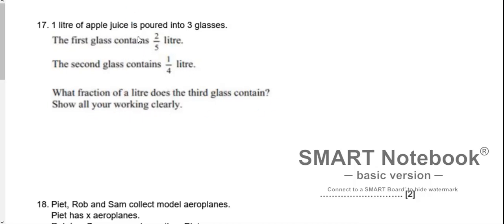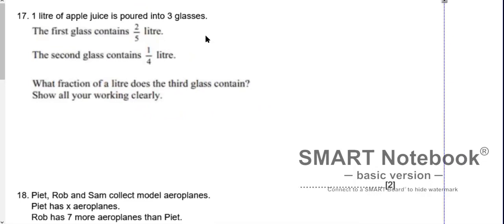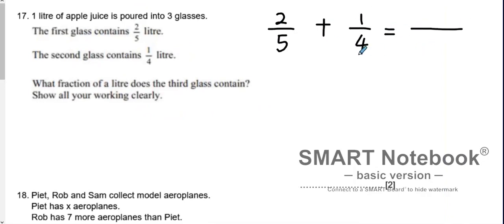Okay. So what I'm going to do is total the first glass and the second glass, adding those fractions. 2/5 plus 1/4. LCM is 20. 20 divided by 5 times 2 is 8. 20 divided by 4 times 1, this will be 5.